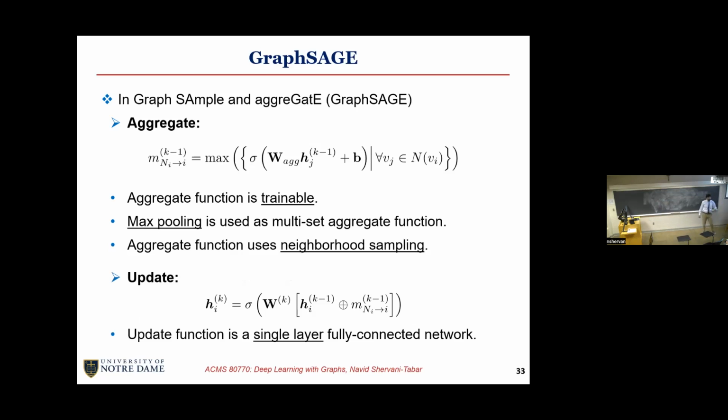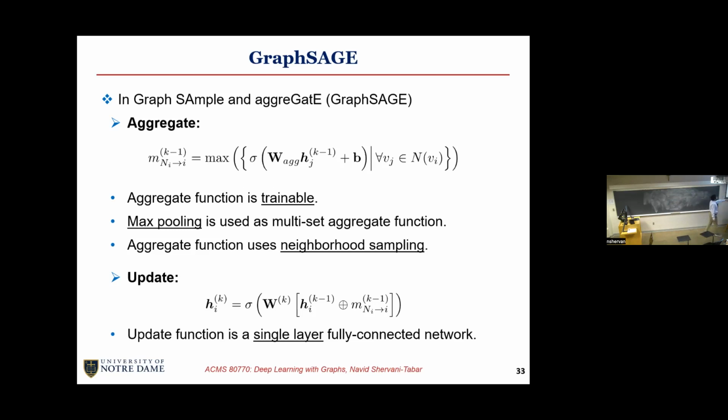Here, the function that we use for aggregation is max pooling, which is the element-wise maximum of the different input vectors that we have in our multi-set. So it goes through the first dimension of h's for everything, finds the maximum of that, and so on and so forth. And then it constructs the messages for each node.